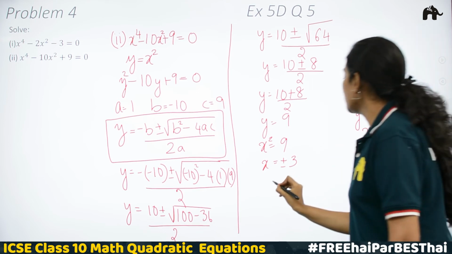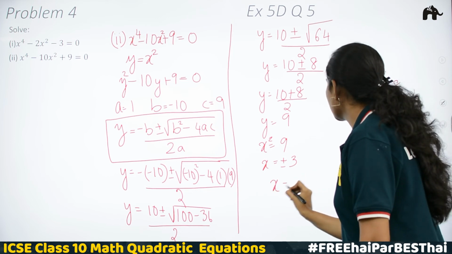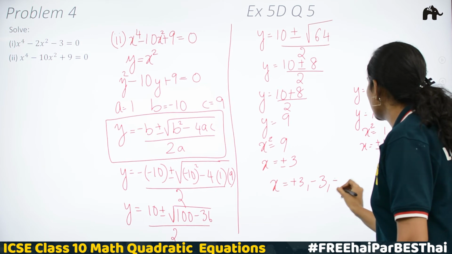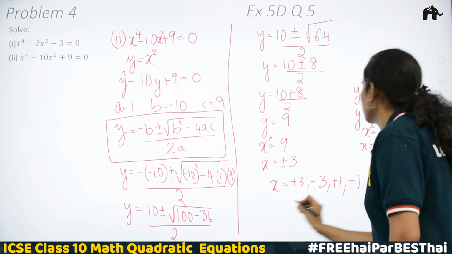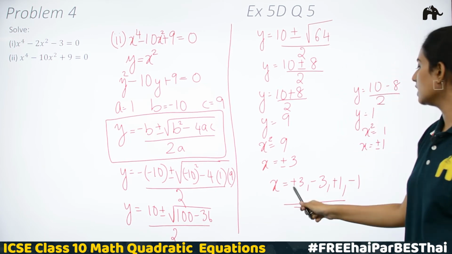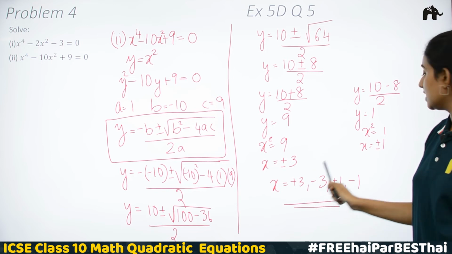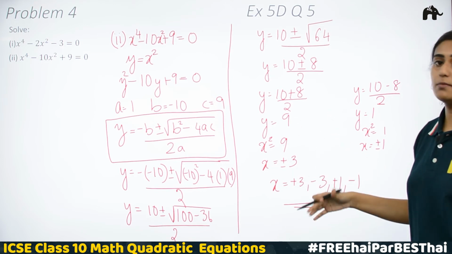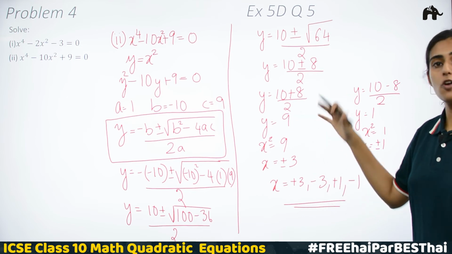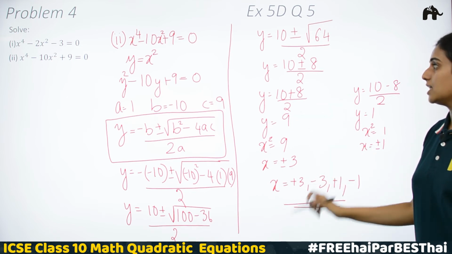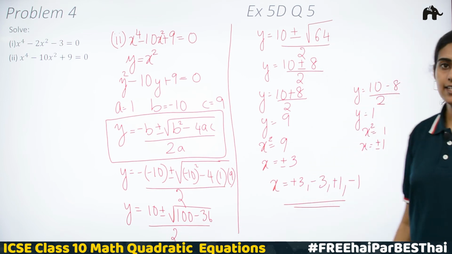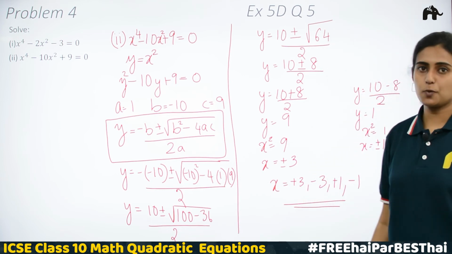The possible values of x are x is equal to plus 3, minus 3, plus 1, minus 1. So, here we are doing the method of reducing to quadratic equation with the substitution of y. Clear? Let's move on to the next problem.